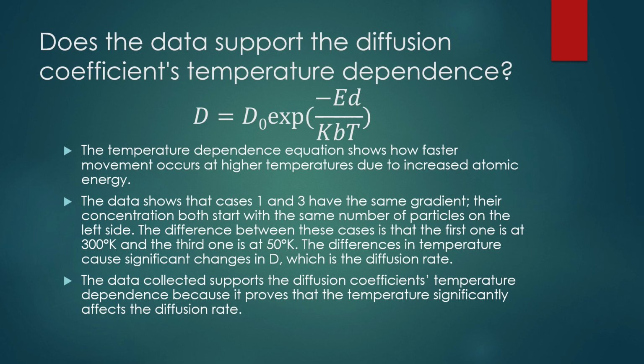Does the data support the diffusion coefficient's temperature dependence? So now I'm going to explain what happened when the temperature decreased and see if it supports the temperature dependence of the diffusion, which is expressed by the equation diffusion coefficient D equals max diffusion D naught times exponential of negative ED, which is the activation energy, over Boltzmann's constant kB times temperature T. The temperature dependence equation shows how faster movement occurs at higher temperatures due to increased atomic energy.